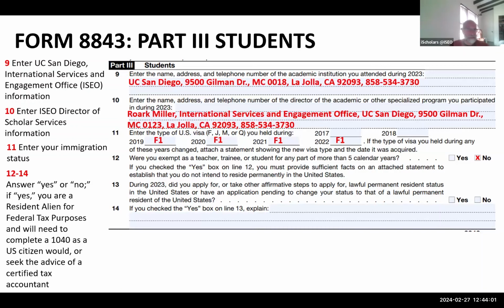If you're a resident alien for federal tax purposes, the employer, UCSD, will not even report that on a 1042-S or a W-2.